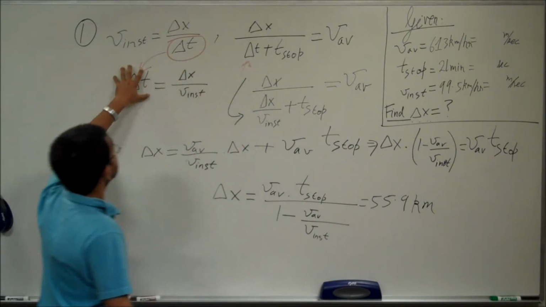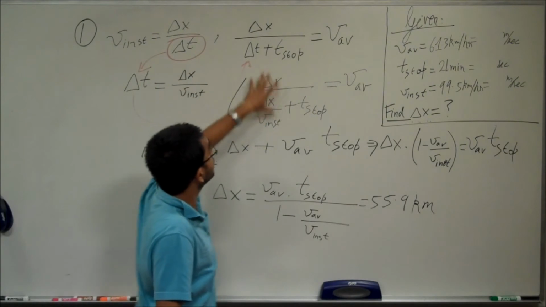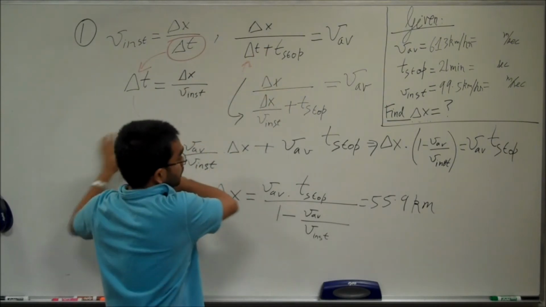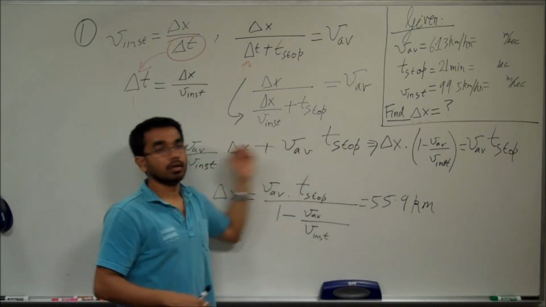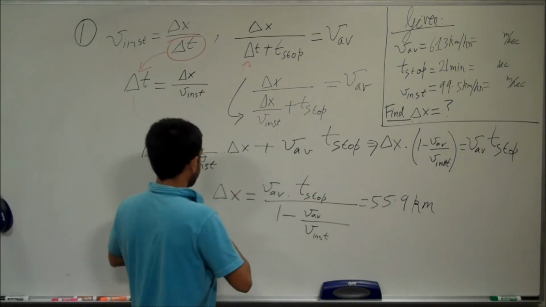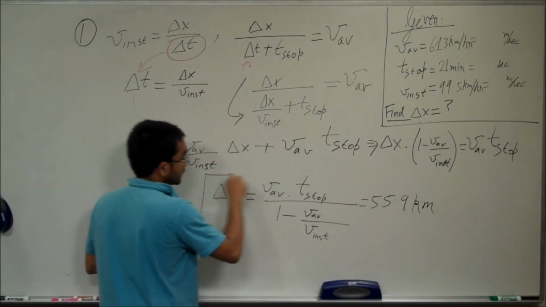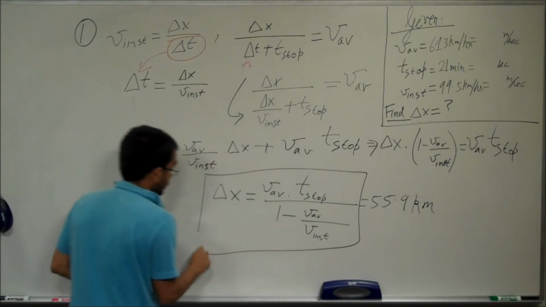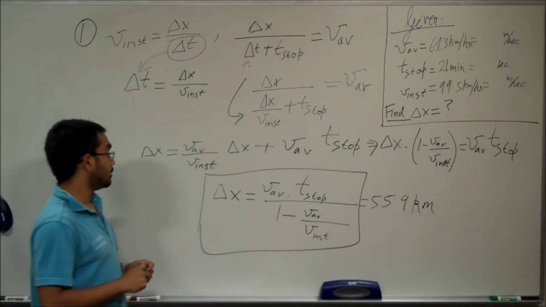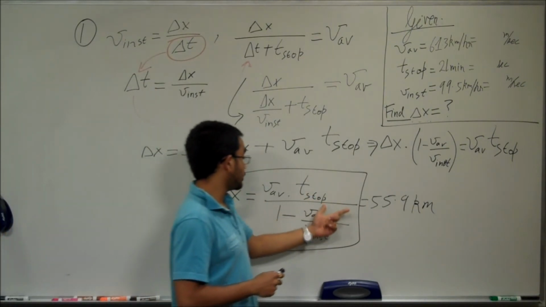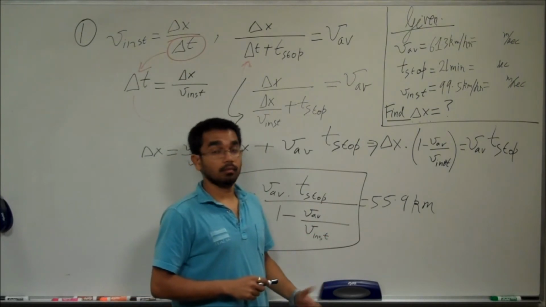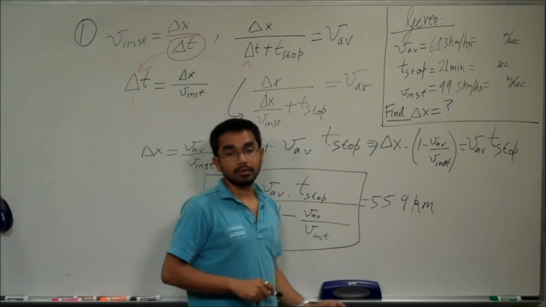Then we plugged the delta t behind the wheel into this expression, and after some manipulations, we come to this big expression which gives us delta x in terms of average velocity, stoppage time and instantaneous velocity. Plugging the numbers in, we get what we require.